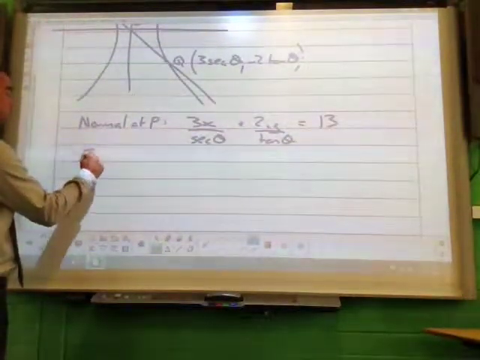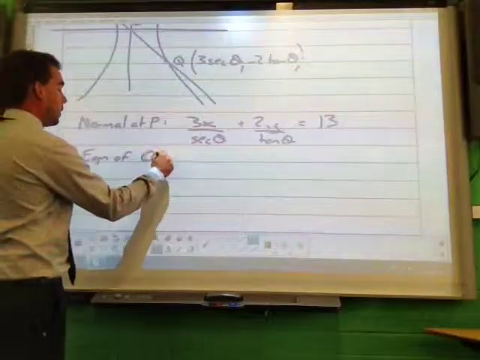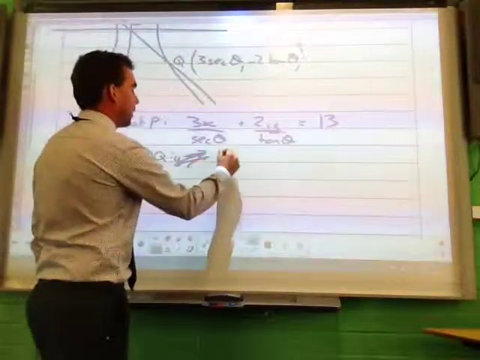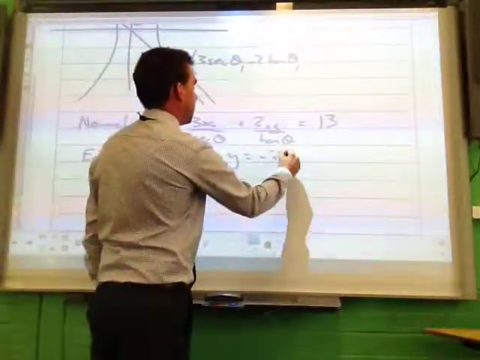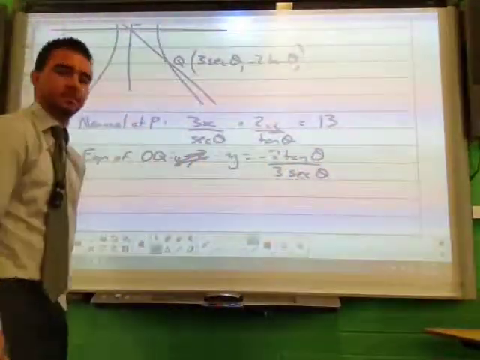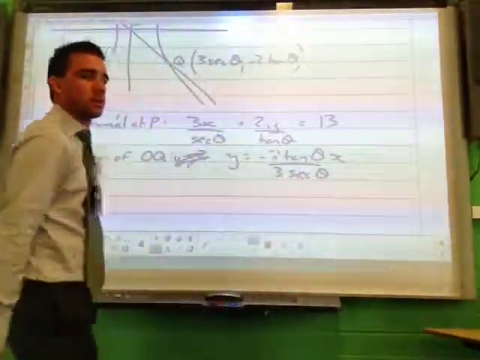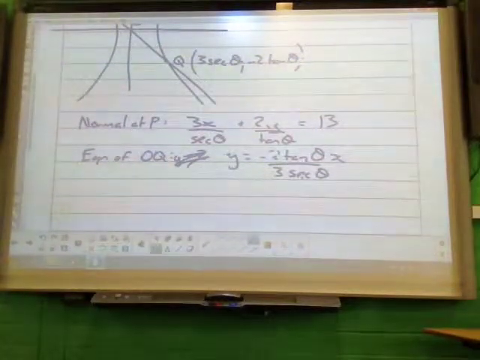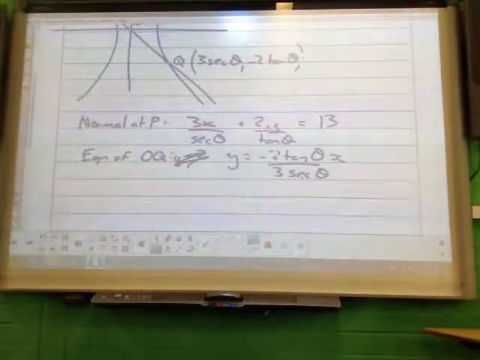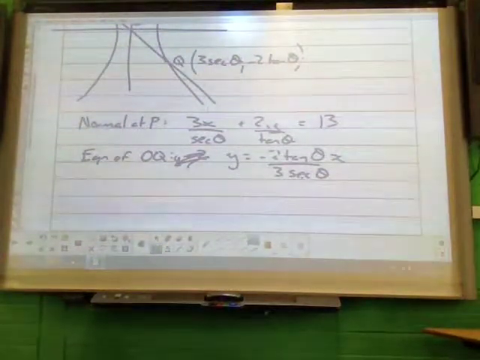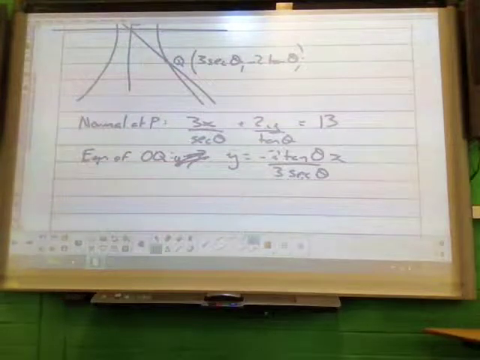So the equation of OQ is simply y equals negative 2 tan theta over 3 sec theta. The change in rise is negative 2 tan theta, and the change in run is 3 sec theta, which is your gradient. That's the equation of the line OQ, which is not a tangent, because you're not told that it is.